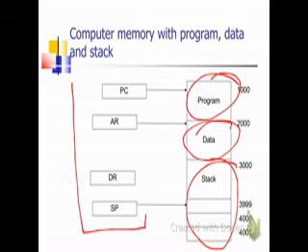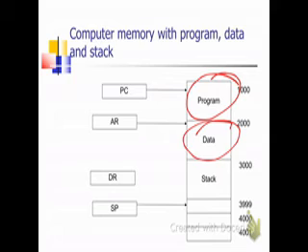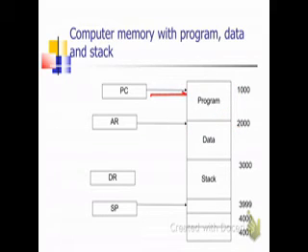Now if you look at this side, we have some special purpose registers out here. These are known as the special purpose registers we had been talking about earlier. So PC here stands for the program counter. So the program counter, you can see that it is pointing to some area in the code segment, that is the program part of it.